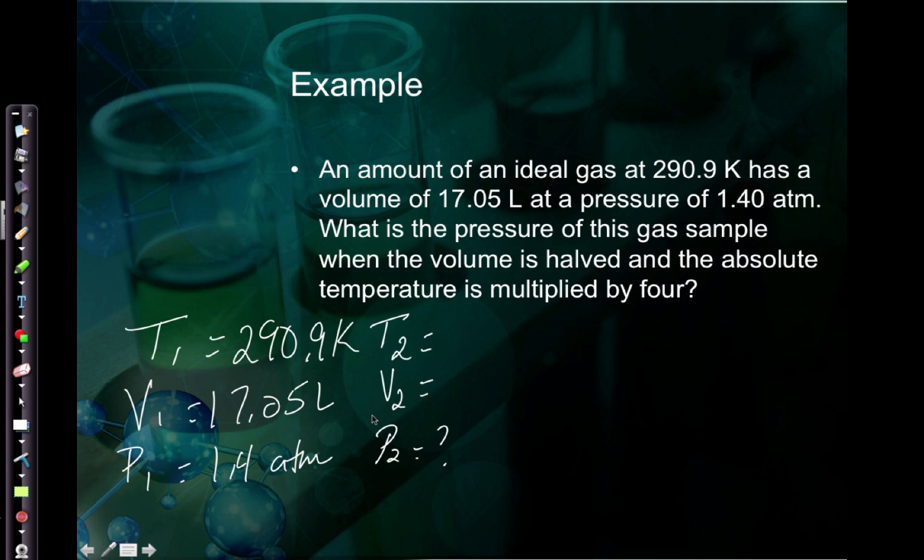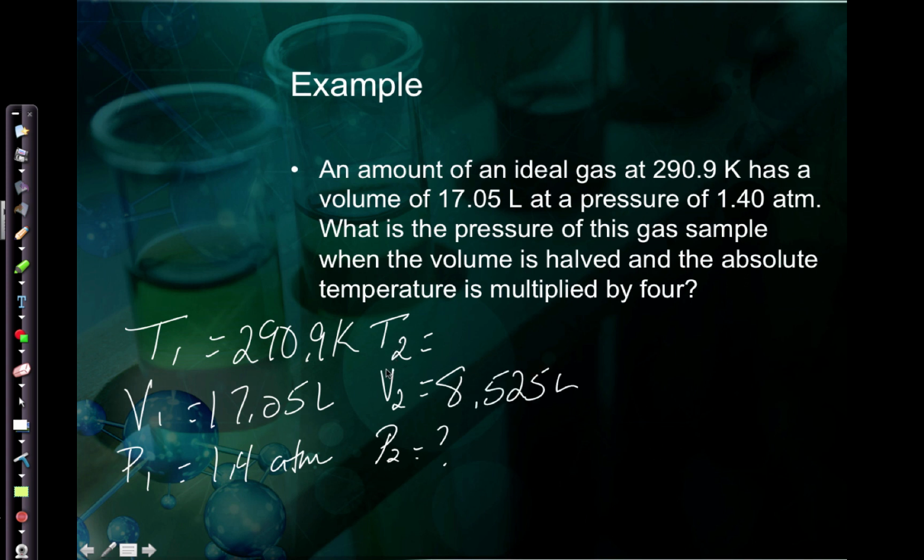Okay, so you can do this a couple different ways. I'm going to talk about this first. If your volume is halved, your volume goes down by half, so 17.05 divided by 2 would be 8.525 liters.